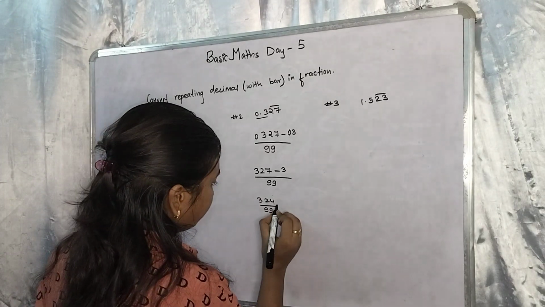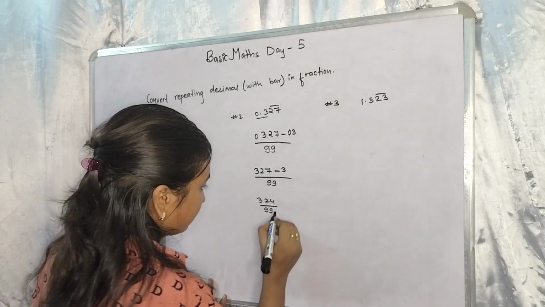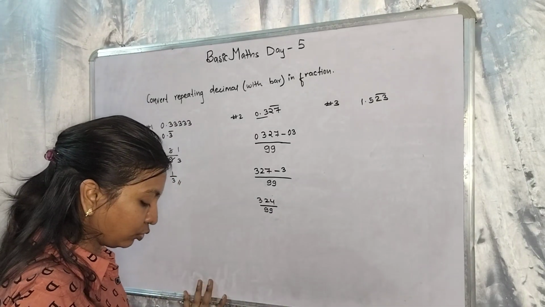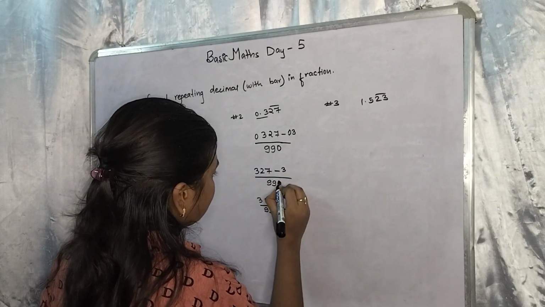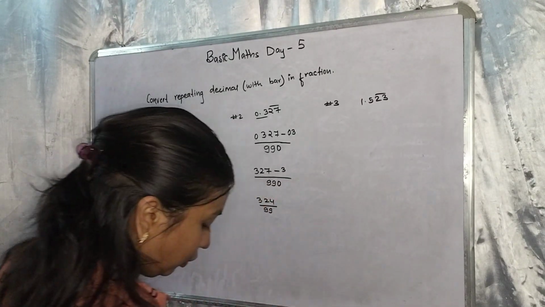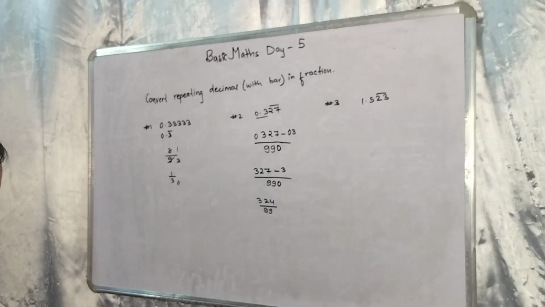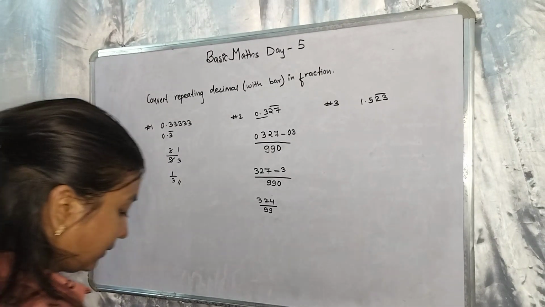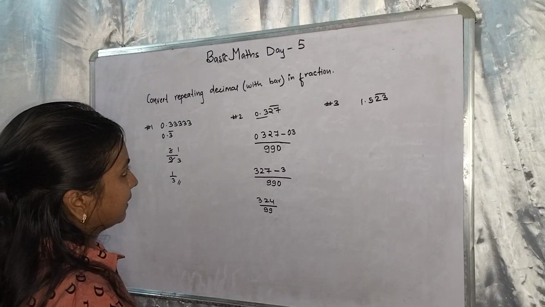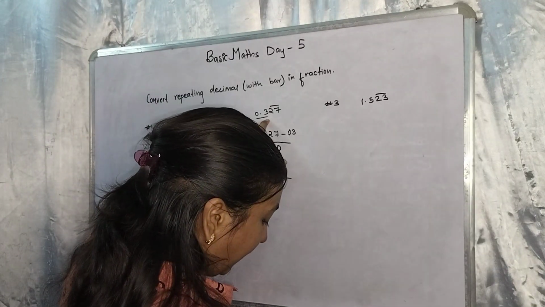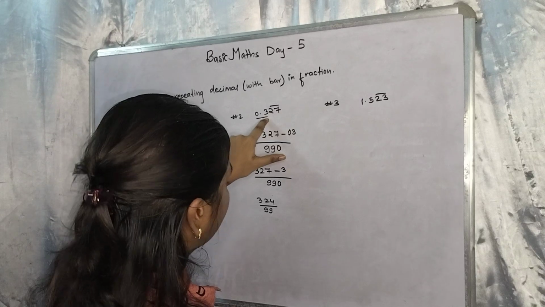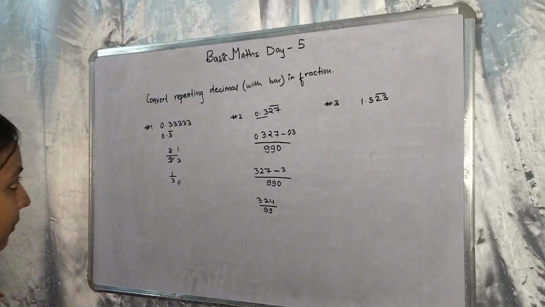So this will be 324 divided by 990. And one more thing, you will also add one 0, as there is one number after the point before the bar.